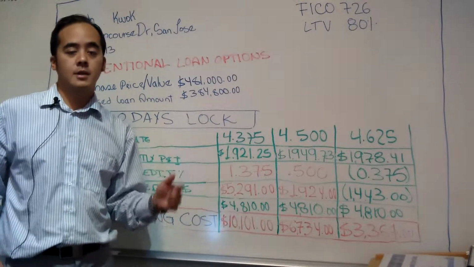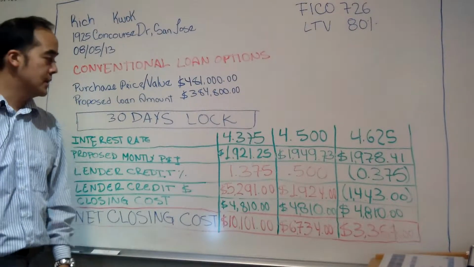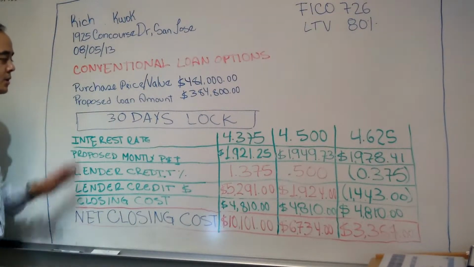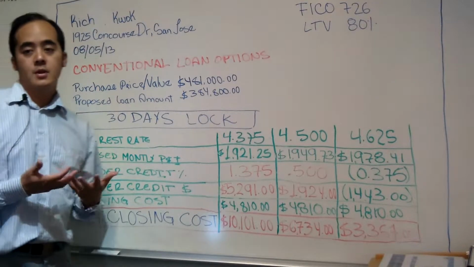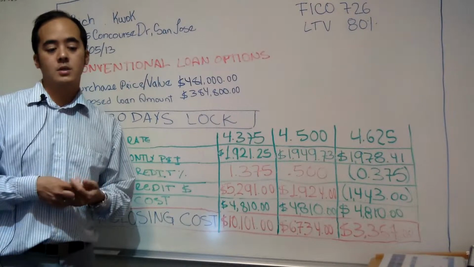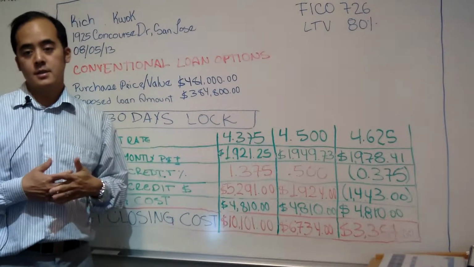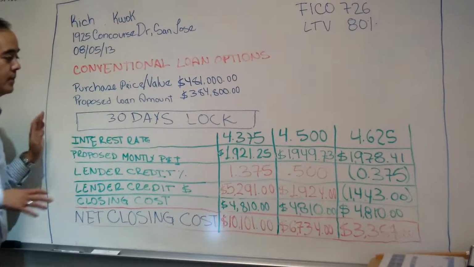The problem with the 15-day lock is that you have to close it within 15 days, otherwise you have to pay for an extension. In a case where interest rates are going up, you might want to think about whether you should lock it in for 30 days instead of waiting for the loan to be approved.